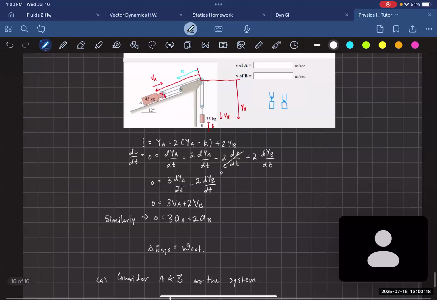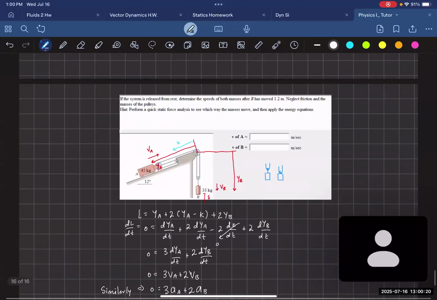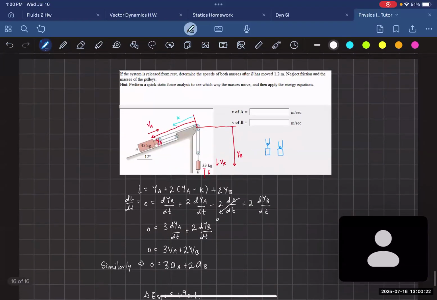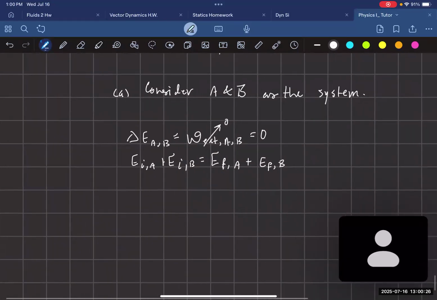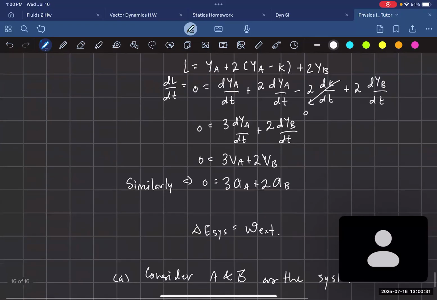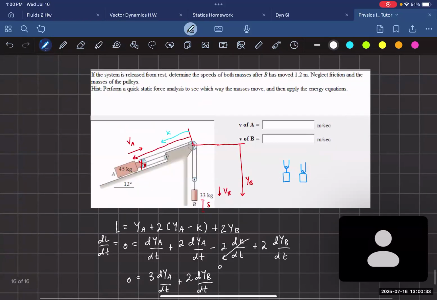There is no spring associated with it, so the only mechanical energies we have for boxes A and B is kinetic energy and potential energy.